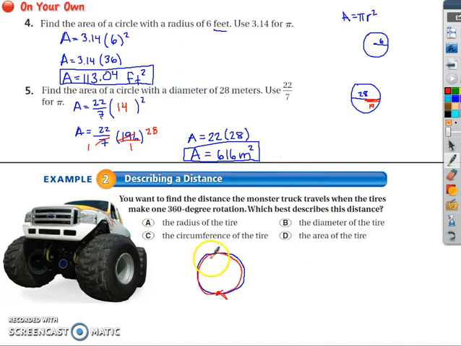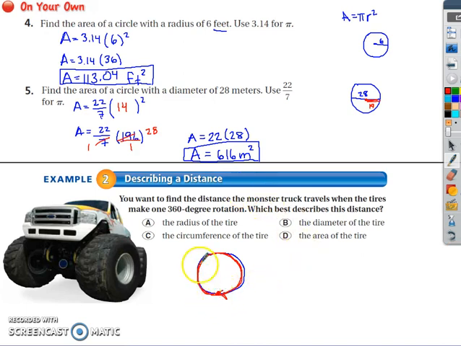The area of the tire just tells us how much space the tire takes up, not, again, how far it's going to go. But the circumference of the tire, if you imagine this point turning around the outside of the tire, will be how far the tire is going to go. Or you can almost imagine unwinding the circle.